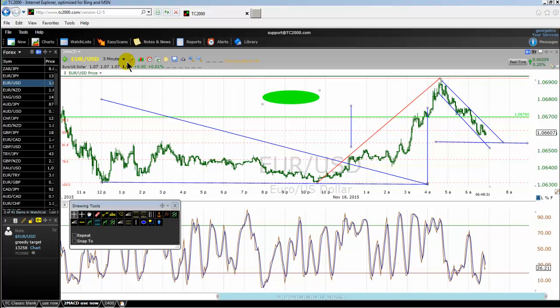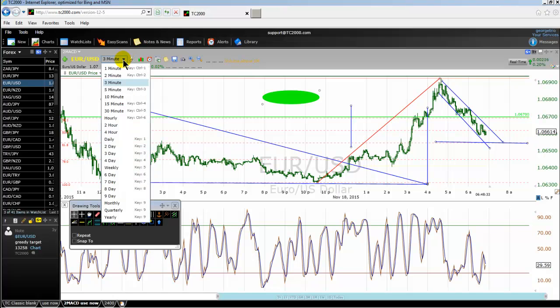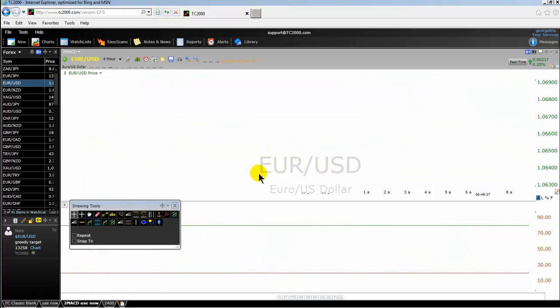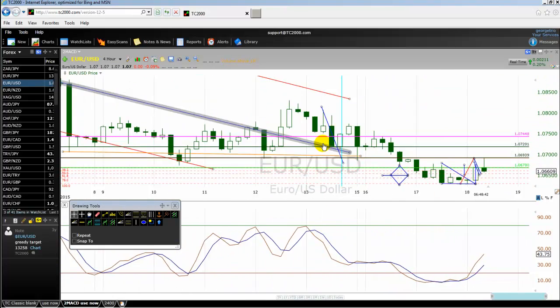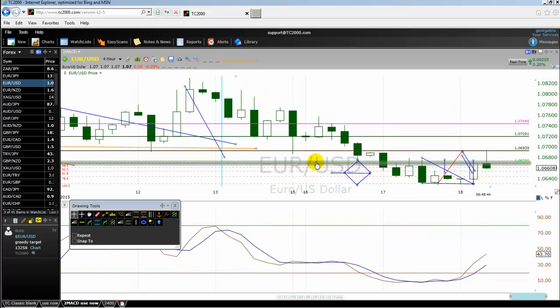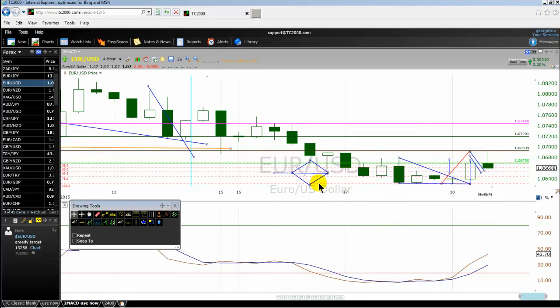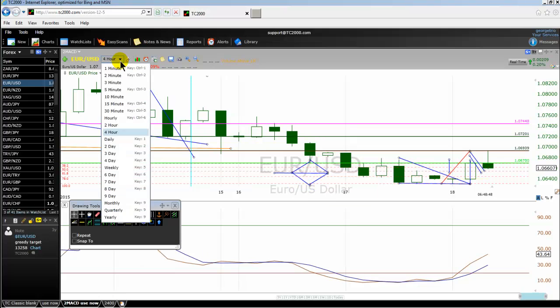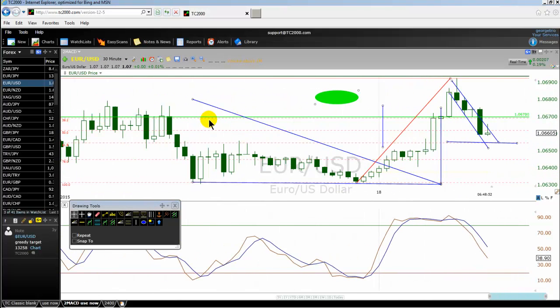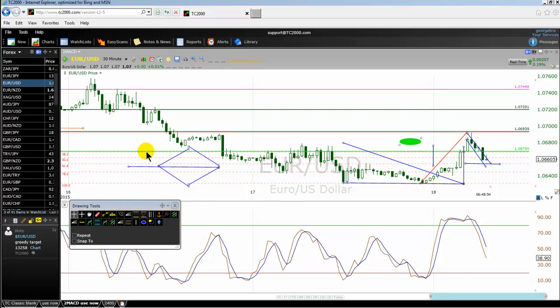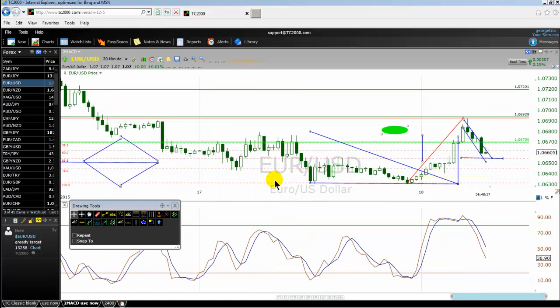So for instance, suppose I'm using a 4-hour chart as my signal time frame, which is a bit lousy. Okay, let's change it now to a 30-minute chart. Suppose I'm on a 30-minute time frame, and I want the 30-minute time frame as my signal.